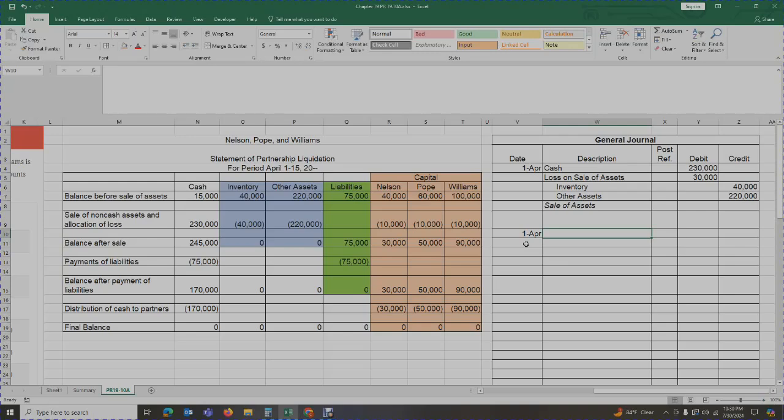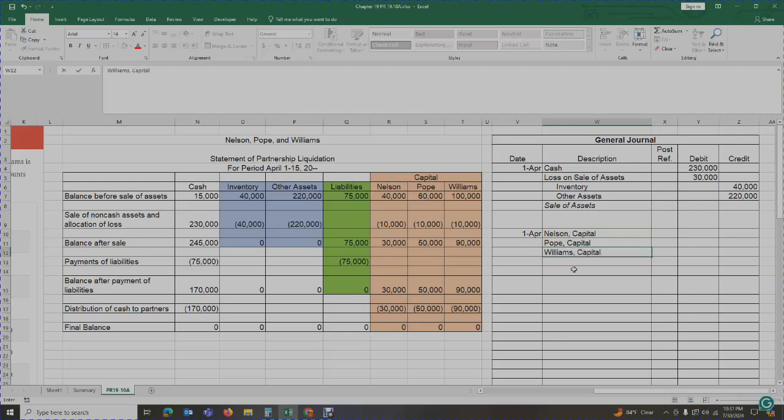Okay, so what happened on April the 1st? Our capital accounts decreased. Okay, the normal balance of my capital account is a credit. So because we had a loss, we're going to go ahead and debit to decrease the balance. Okay, so we're going to have here Nelson Capital, Pope Capital, and Williams Capital.